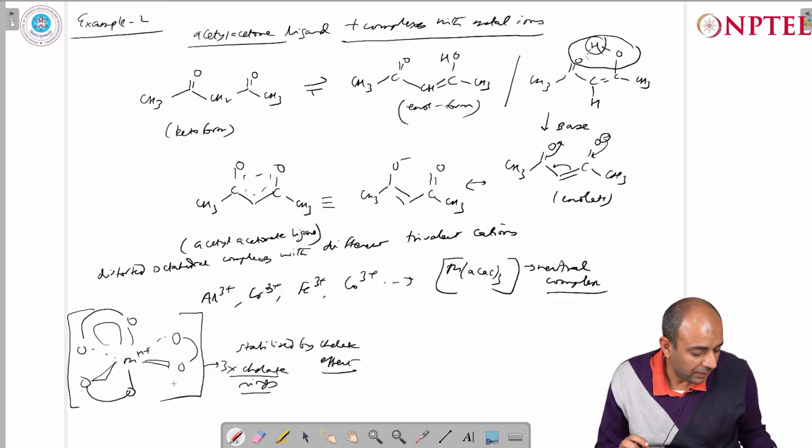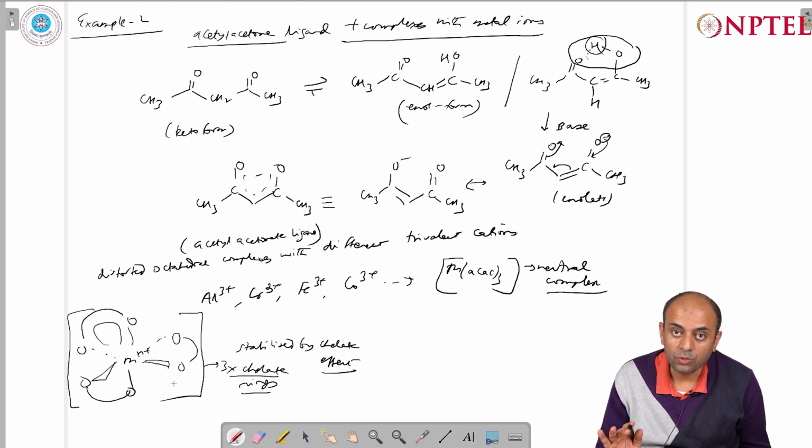Now, keeping these things in mind, the fact that the Chelate effect is very important, and the cooperativity amongst the donor atoms is also very important, people were now interested to look at the role of the ligand in affecting host guest complexation behavior.